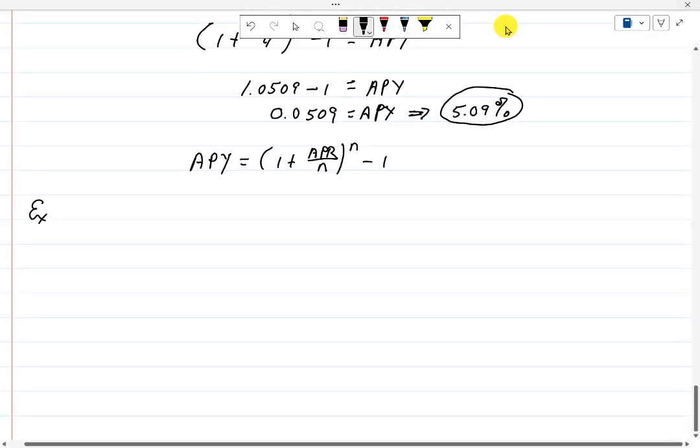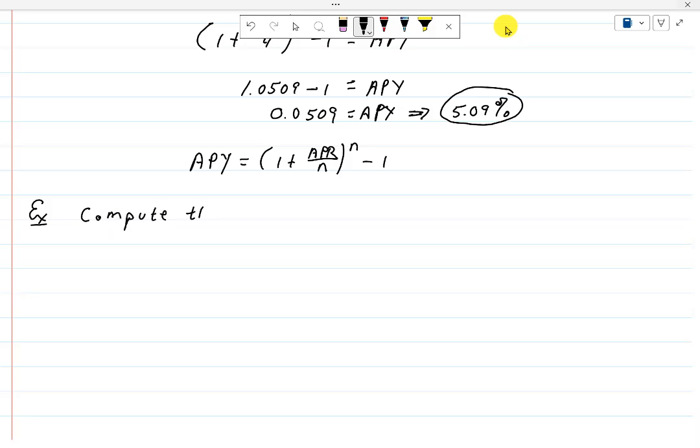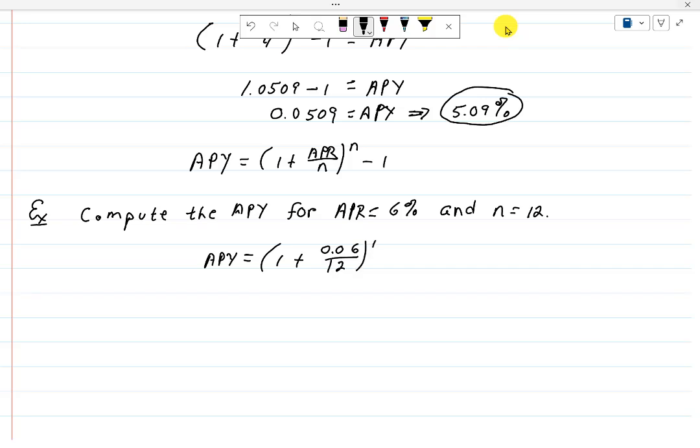So as an example, compute the APY for APR equals 6% and N equals 12, so monthly compounding. So according to my formula then, APY will be 1 plus 0.06 divided by 12, raised to the 12th power, and then we'll subtract 1.